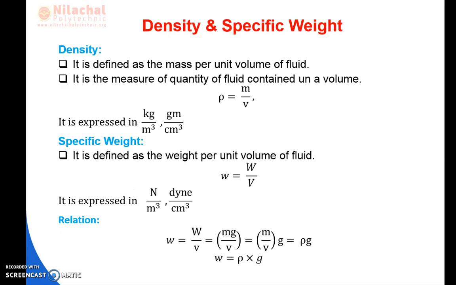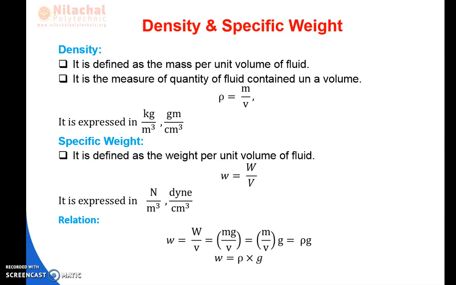Let's come to the description of properties like density and specific weight. Let us consider a container inside which we are going to keep the liquid. Now we are going to measure the density of the liquid.